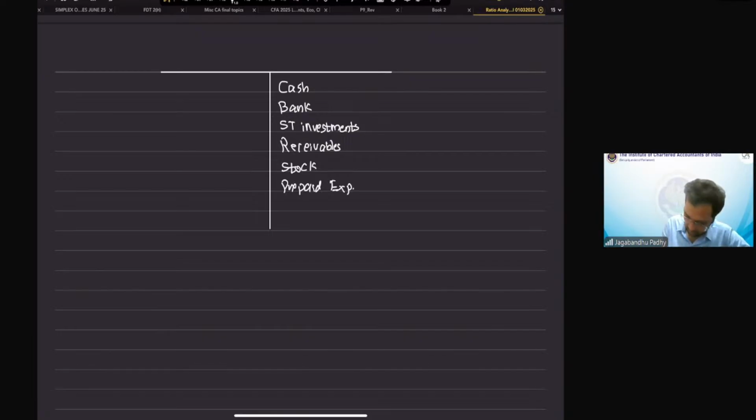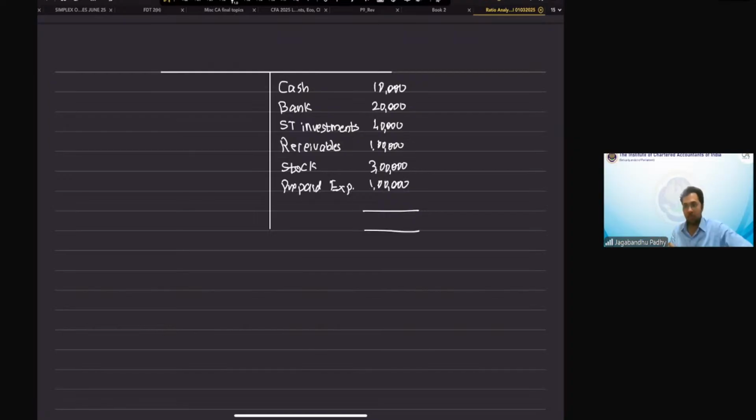Cash balance is, let's say, 10,000. In bank, you have 20,000. Short-term investments, you have got 40,000. You've got 1 lakh of receivables. Stock is worth 3 lakh. And prepaid expense is, let's say, 1 lakh.